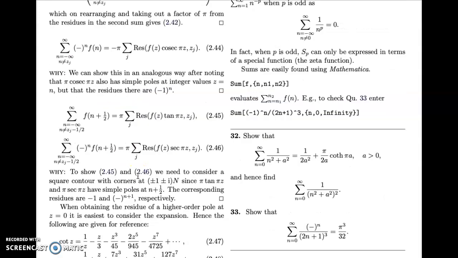Third and fourth formula of these. This is f of n plus a half. We've got tan, and the same thing, but with an extra factor of minus 1 to the n. We've got sec here. So notice all of these have poles. Both tan and sec, of course, have poles at half integer multiples of pi.